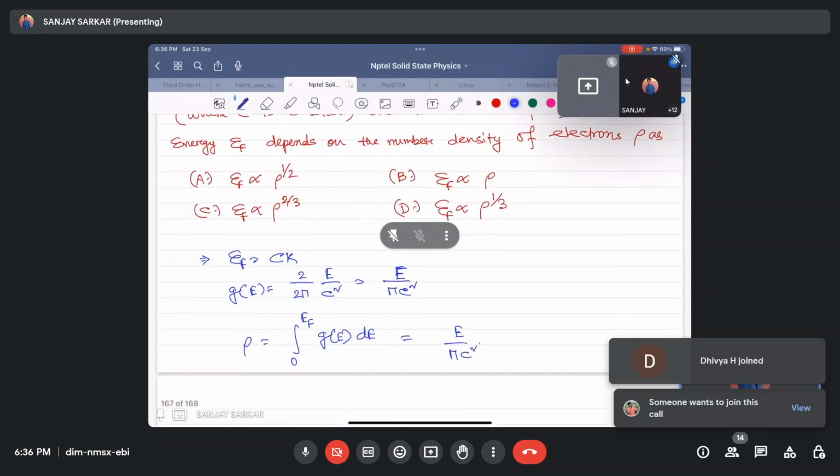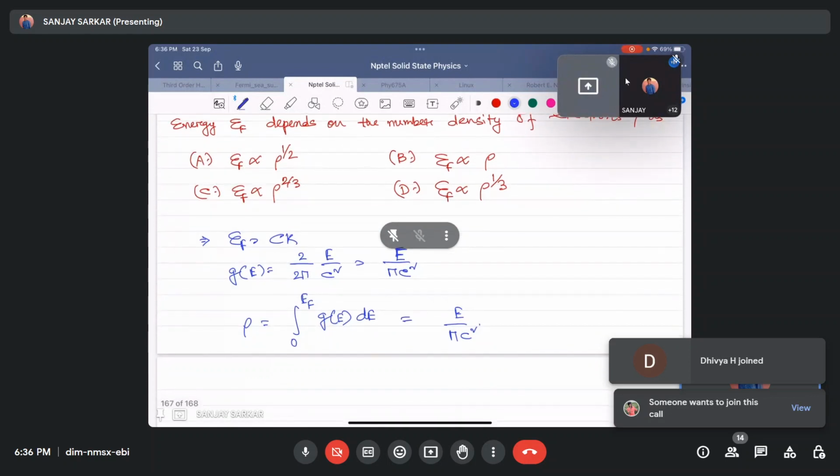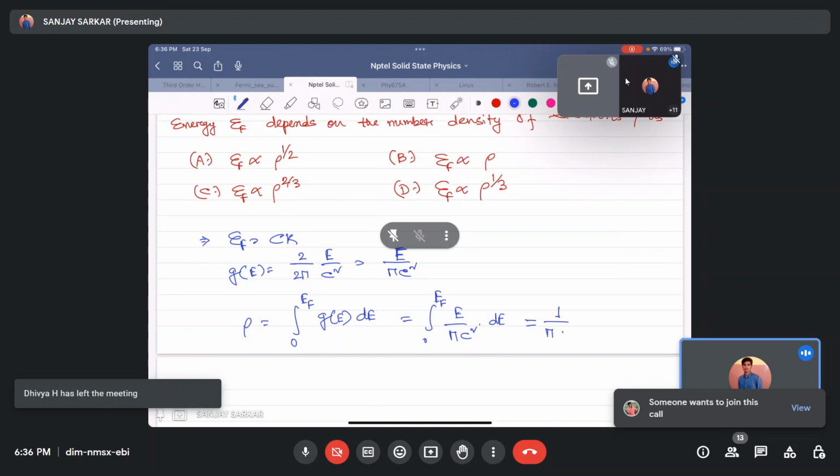So we can write it as rho, equal to 1 by pi c square times the integral from 0 to epsilon f of E dE. This is the constant part which will come out, and the integral of E is E square by 2, so it is just EF square by 2.